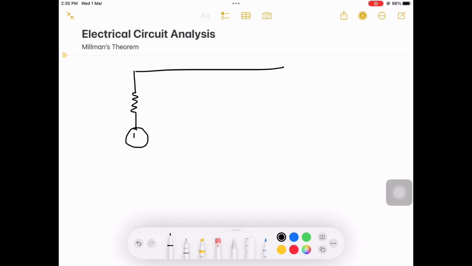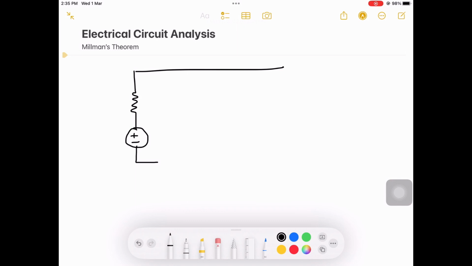Let us take the circuit here, which has two voltage sources. It's a practical voltage source, so one voltage source is in series with a resistance, and one more voltage source is in series with one more resistor.